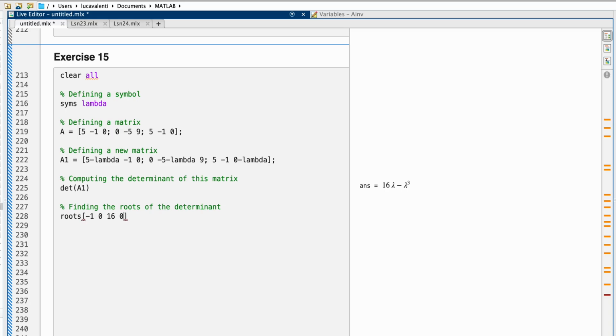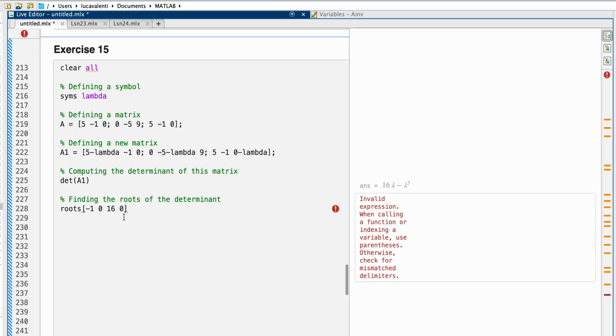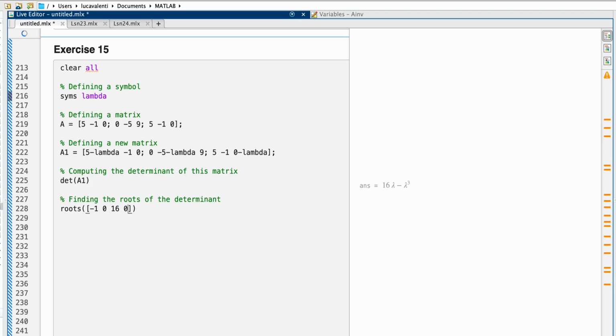And the 0th order has a coefficient of 0. When calling a function, use parentheses. My bad. And so now we get this, Control Enter, and we got the solutions that we were expecting.